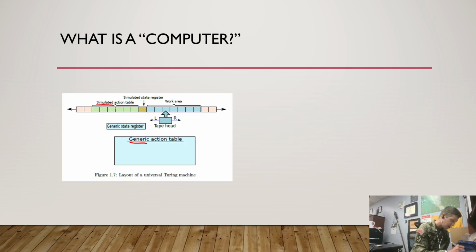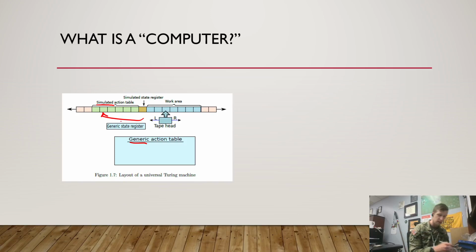This is part of the tape that defines new actions potentially, and you could orchestrate this Turing machine so that given a symbol and a state that we're in, the Turing machine would look into the simulated action table for instructions on what to do next.